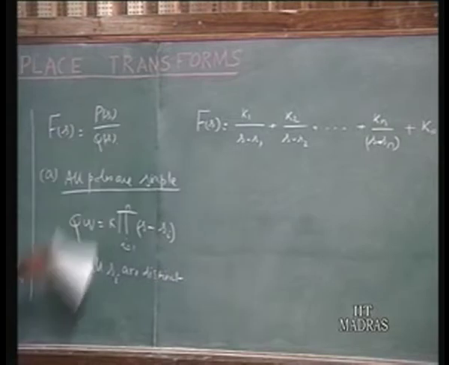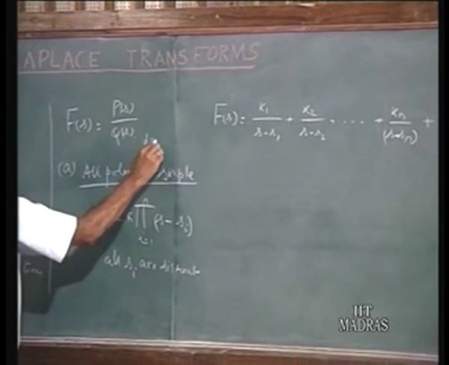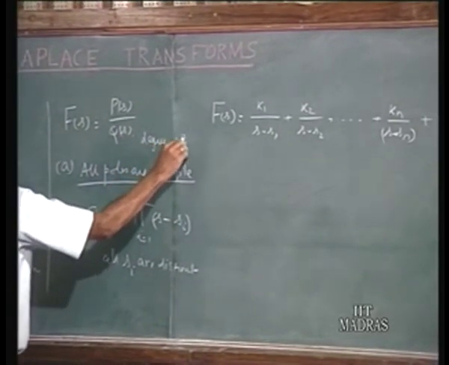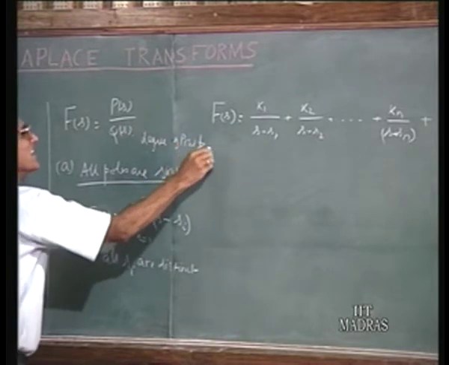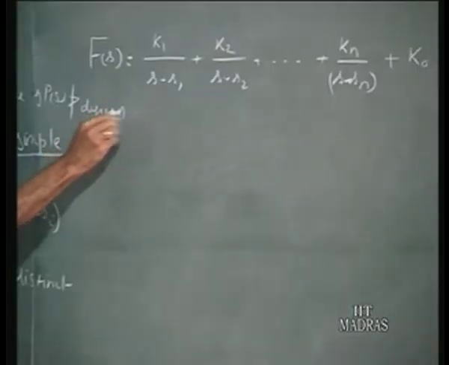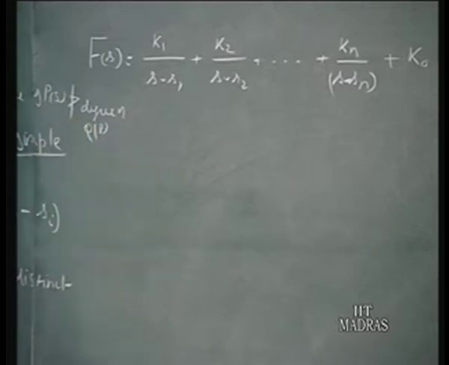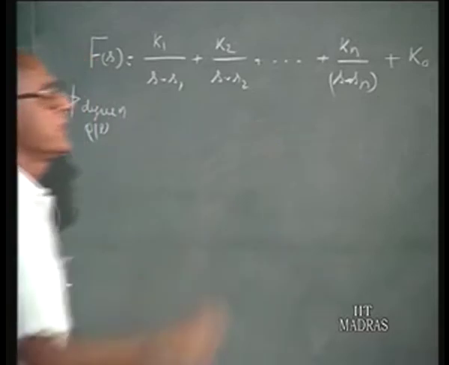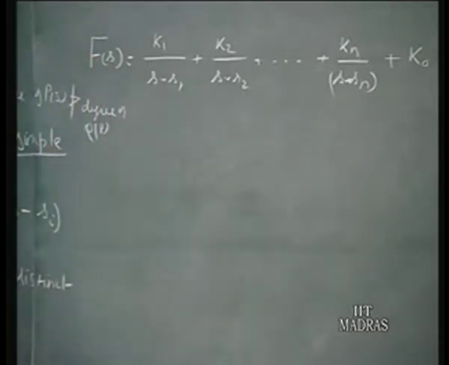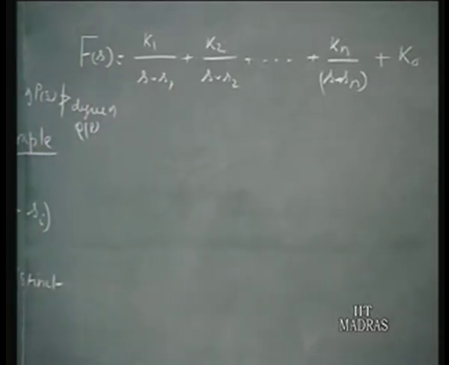We will assume in our case that the degree of P of s is not greater than the degree of Q of s, which is usually the case. So, we do not have to worry about terms like k s squared and so on. So, this is F of s.